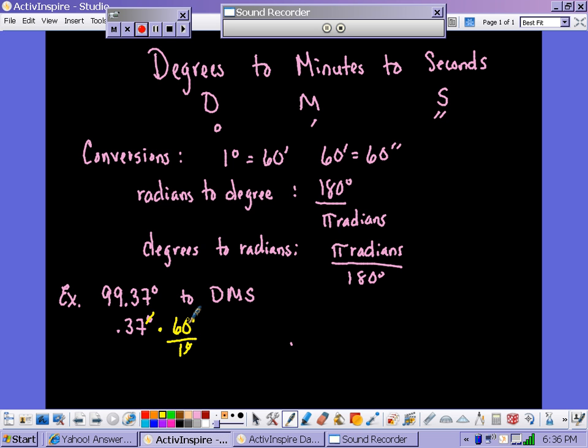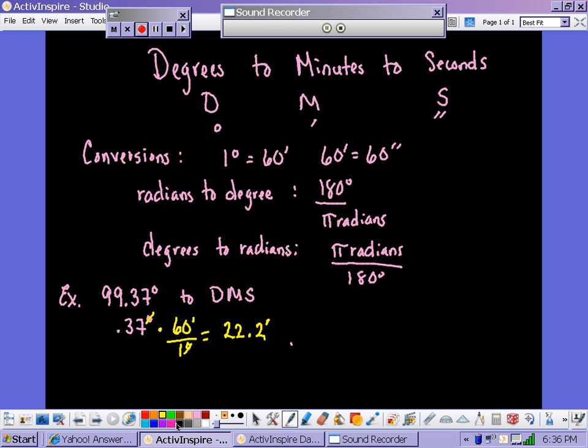Putting this in the calculator to go ahead and calculate that. So that's 0.37 times 60. Okay. Make sure you put 0.37 times 60, and that gives you 22.2 minutes. So now that we have the 22.2 minutes, we got to convert the 0.2 minutes to seconds.